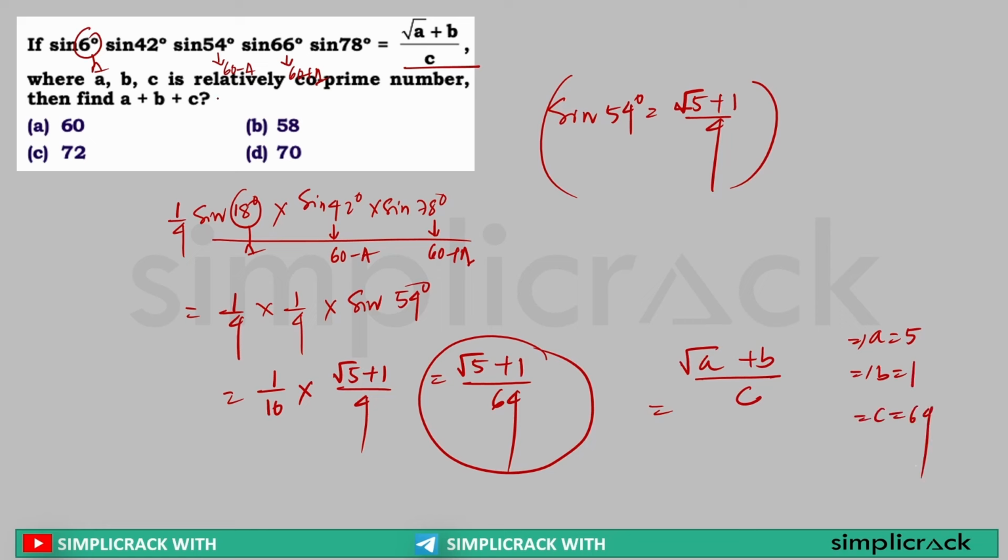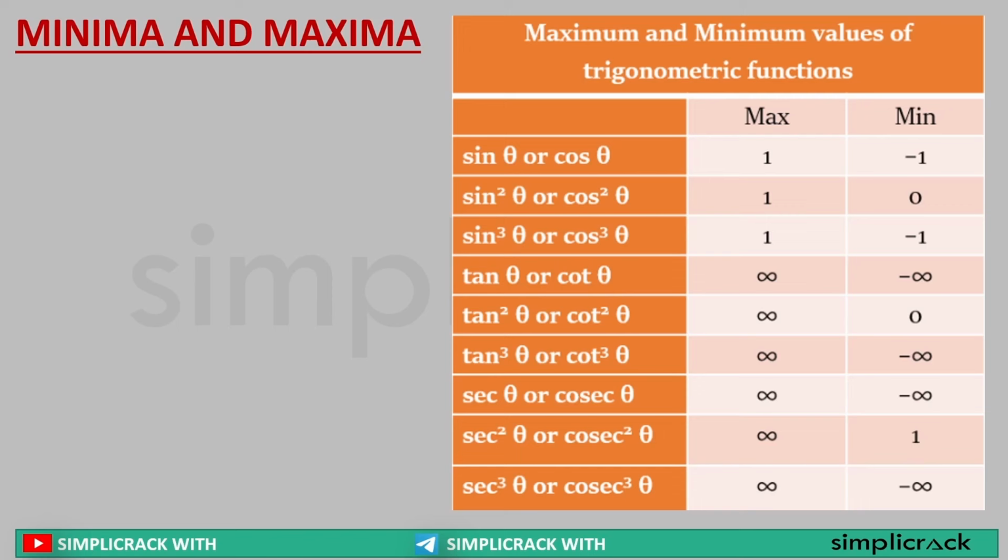It is asking where A, B, C are relatively coprime. Now you see all these are relatively coprime. And find the value of A plus B plus C. Sir, A plus B plus C is equal to 64 plus 5 plus 1 is equal to 70. So answer option D.